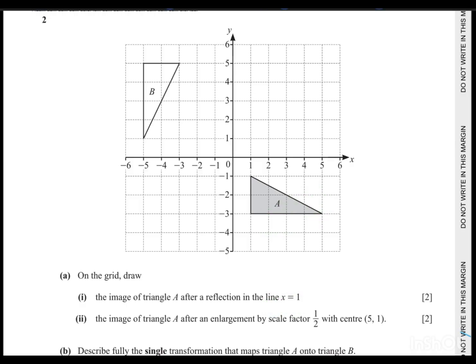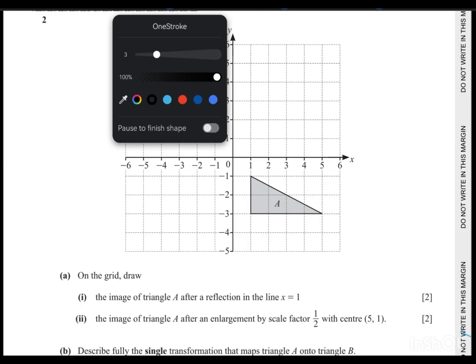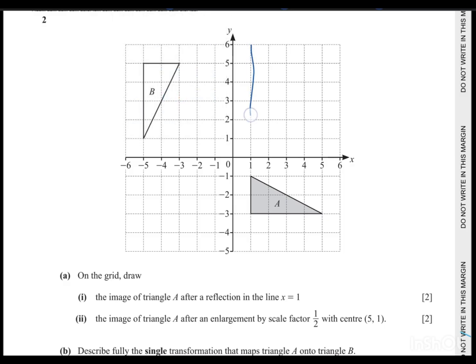So first let us draw the line x is equal to 1 here. X is equal to 1 is this line. This is the line of reflection.